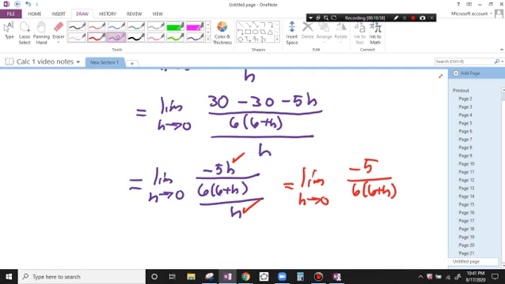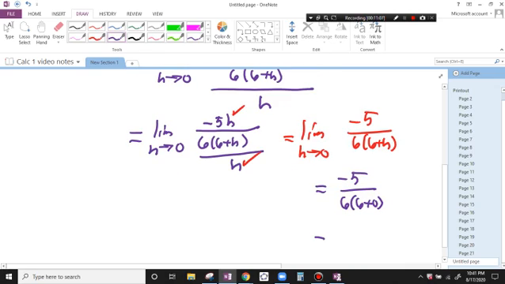So now we can plug in 0, and this is going to be negative 5 over 6 times 6 plus 0, negative 5 over 36.